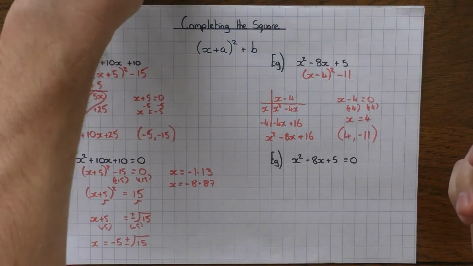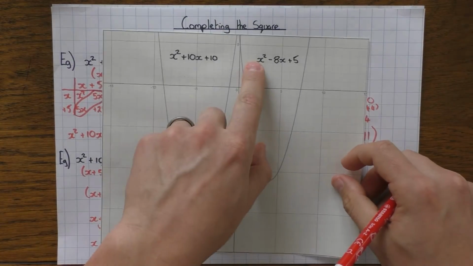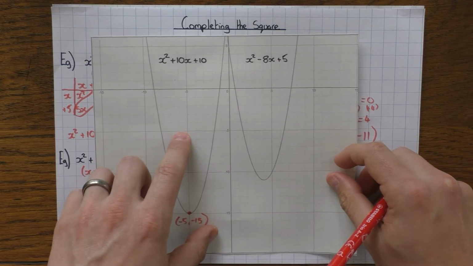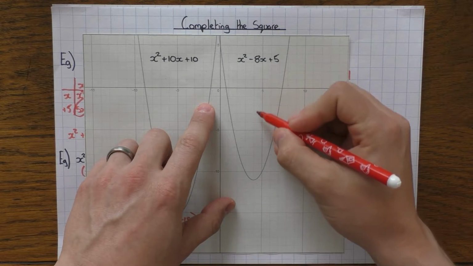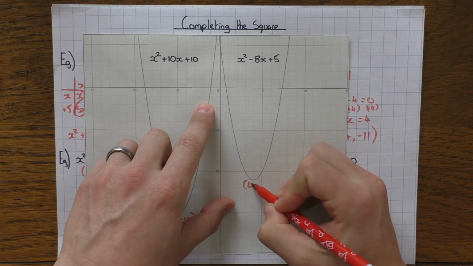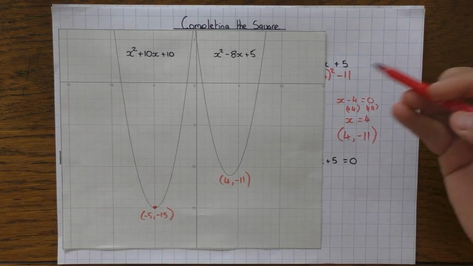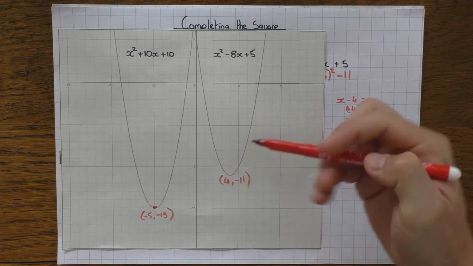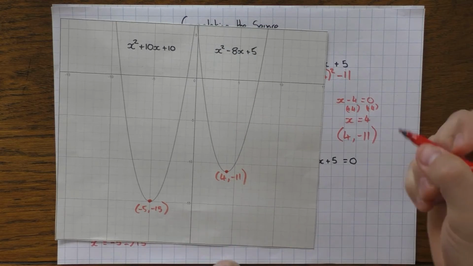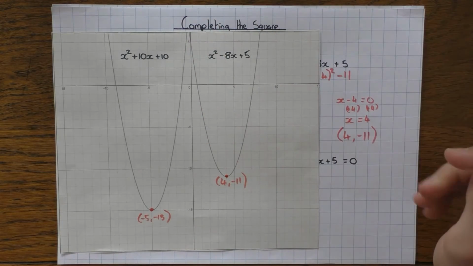And again, if I just bring up my little diagram here, x squared minus 8x plus 5, this is what it was. So the turning point there, it was 4 and then minus 11. Again, so you can just see, if you were to have sketched it, that's the turning point there. Obviously, this just saves you having to actually sketch it.